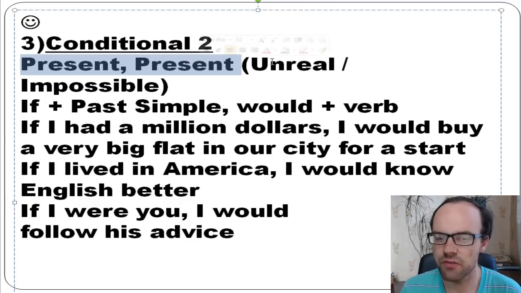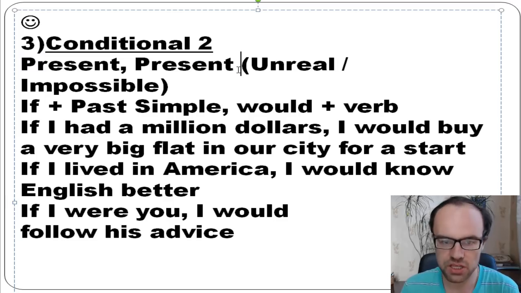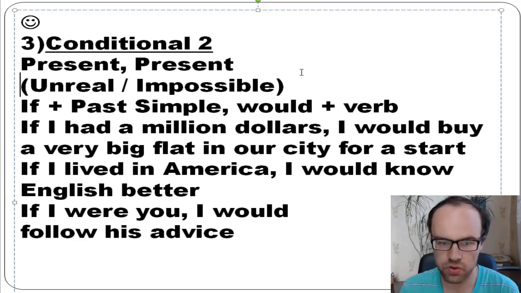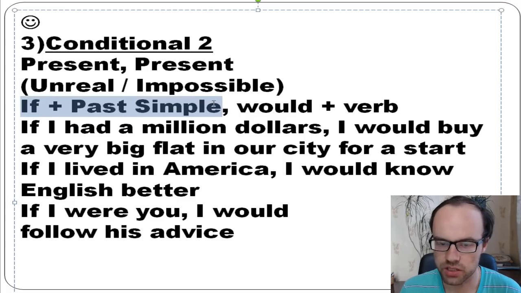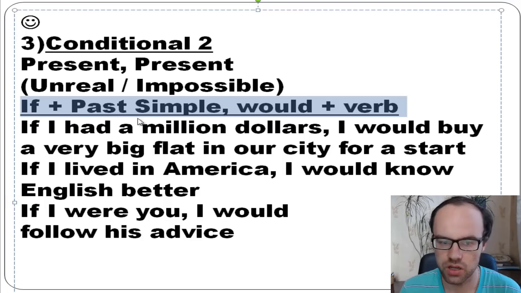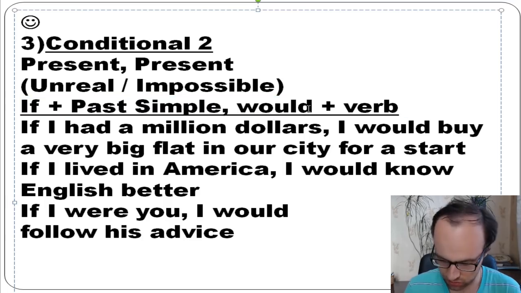But it's about unreal things, something impossible, okay? And look at this structure, how we form it. So it's if plus past simple, yeah, and would plus verb. Please remember it, okay? So we use past simple after if, and then we use would or could plus verb, okay?